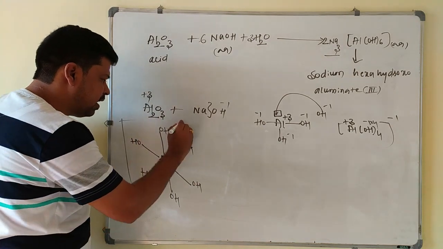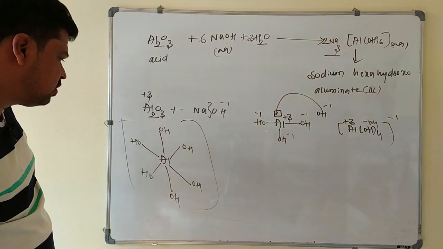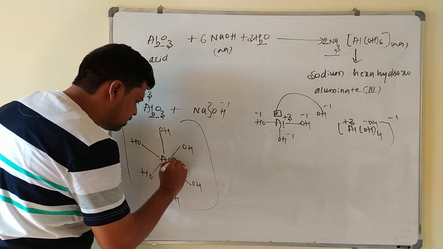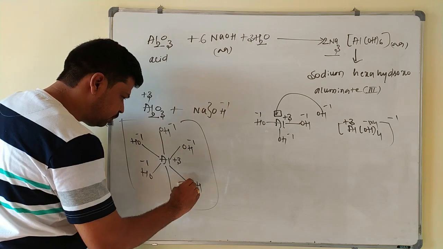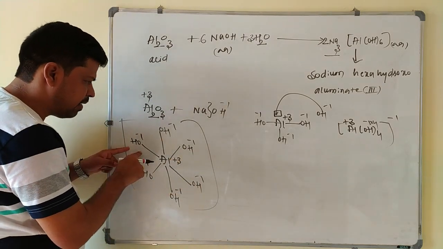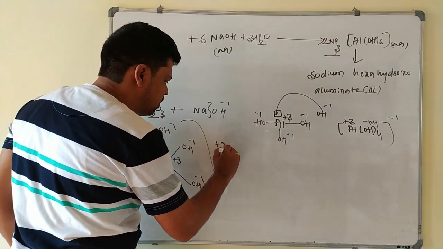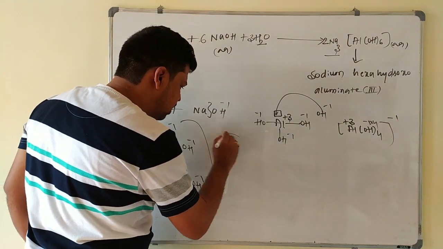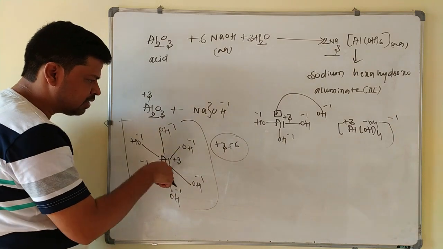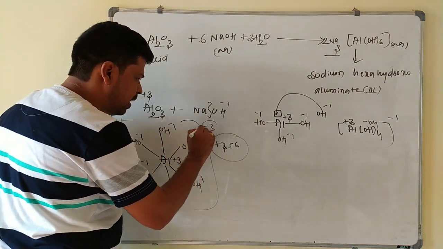So in this way it can connect to the 6 OH minus also, and aluminum is +3. Each OH is -1, like that 6 OH are there. The total charge is +3 -6. The total charge on this one is -3.